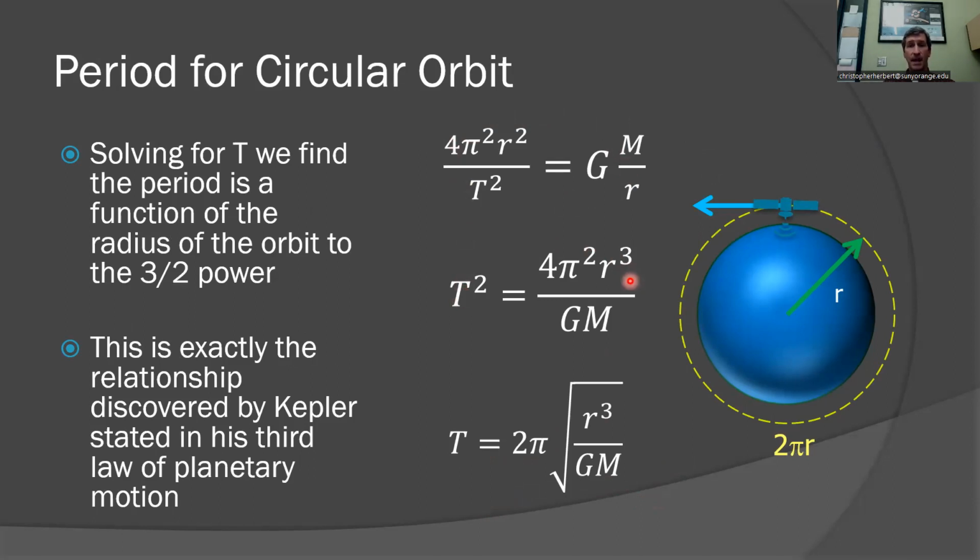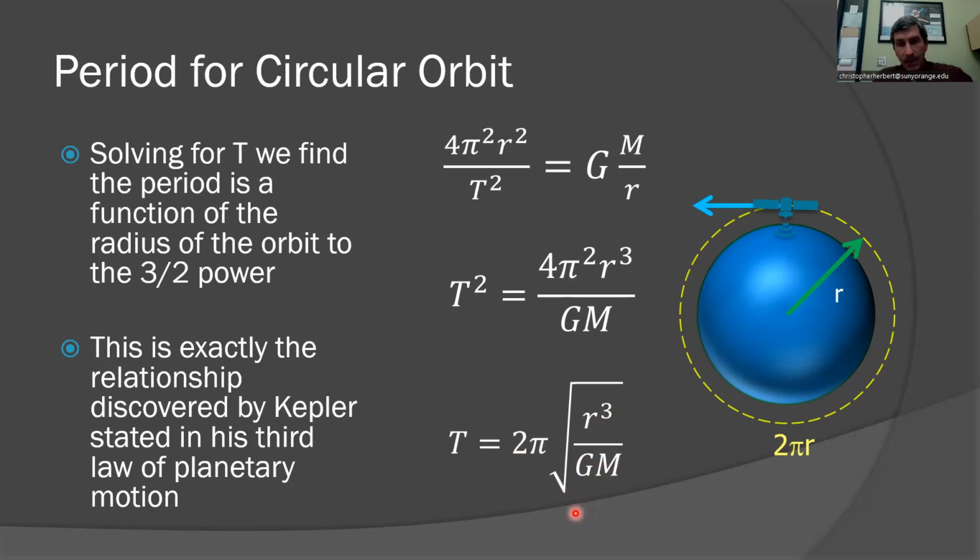This is what we know as Kepler's third law, and we'll be revisiting this in the next section. So again, if I want to calculate the period of the orbit, just take the square root of both sides. It's equal to 2 pi times the square root of the radius of the orbit cubed divided by GM.